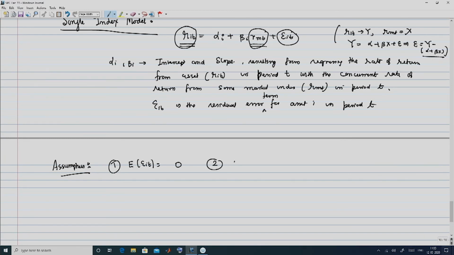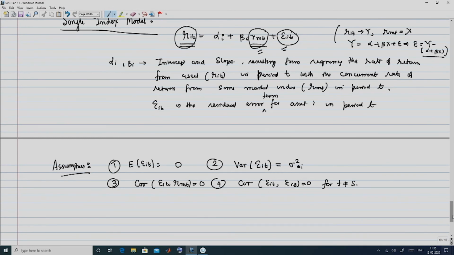The second, rather an introduction of notation, is that I will denote the variance of epsilon it with the notation sigma square epsilon I. Thirdly, I will assume that the covariance of epsilon it and rmt is going to be 0, that means epsilon it and rmt are uncorrelated.